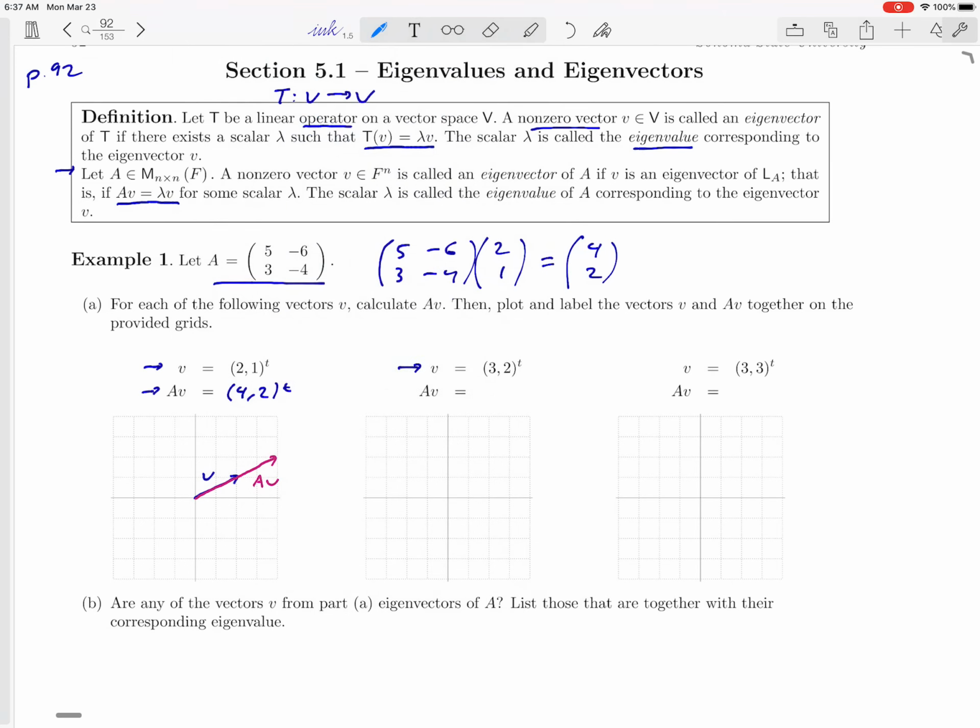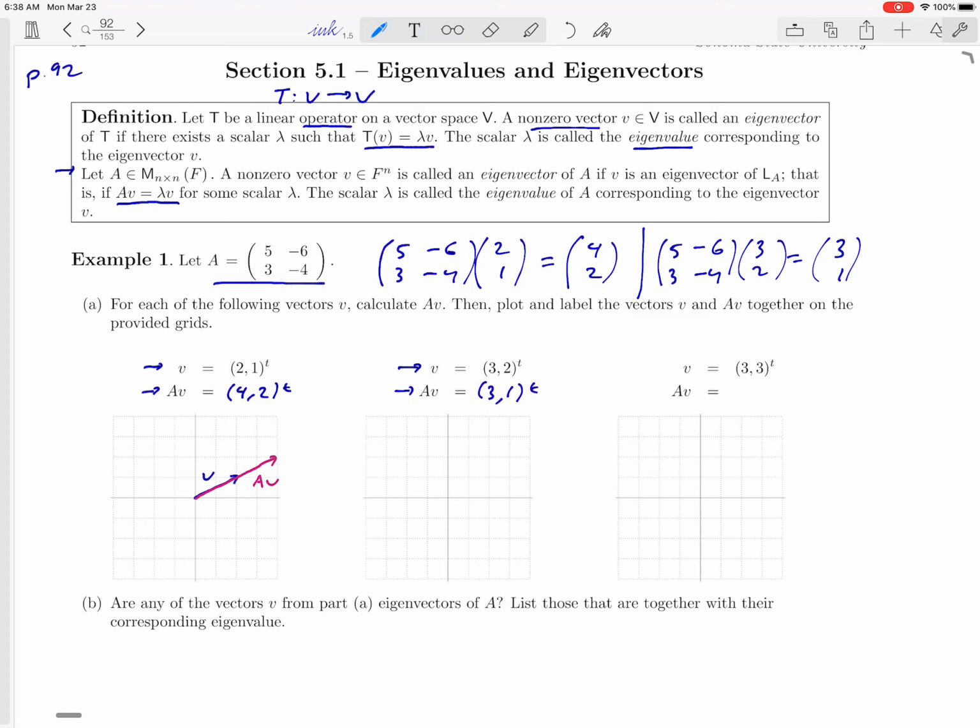Let's do that same experiment for v equals (3, 2). Same calculation for Av. Let's see if we can sneak that in up here above again: the matrix with rows (5, -6) and (3, -4), this time times (3, 2). You can do the arithmetic here: 15 minus 12 is 3, and 9 minus 8 is 1.